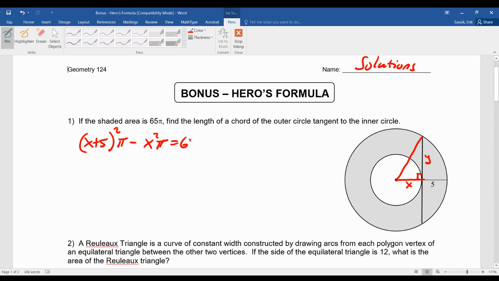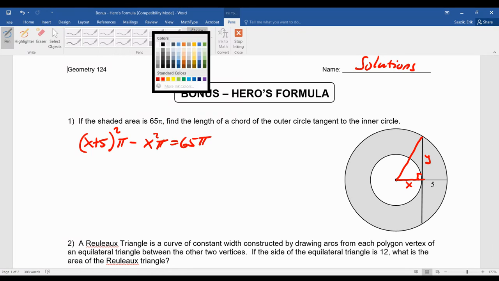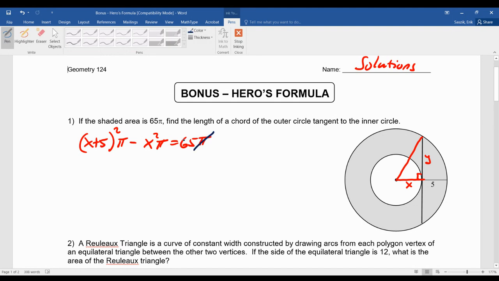And that would have to be 65 pi because that's what was given to us. Now, sure enough, all these pi's would cancel out, so we don't have to worry about that. We distribute that squared, so we get x squared plus 10x plus 25 minus x squared equals 65. So that's kind of cool too, because these x squareds cancel out.